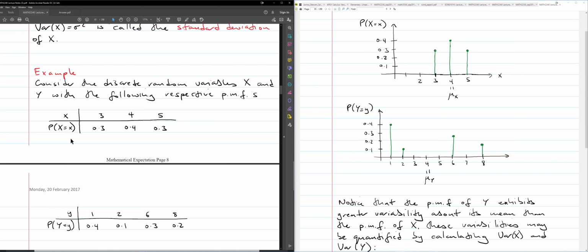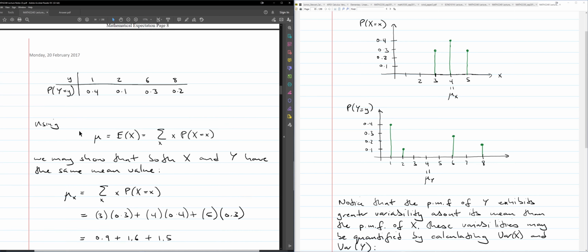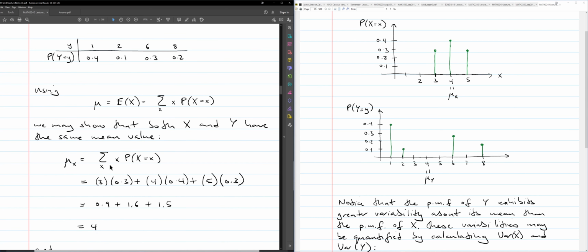With these, we could work out the expected value of x and the expected value of y. Remember, to calculate the expected value of x, I'm denoting it here instead of E of x as mu of x. Mu is usually used to denote the mean of a probability distribution, and the x here is the random variable for which you're taking the mean.